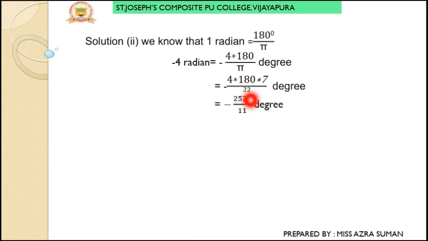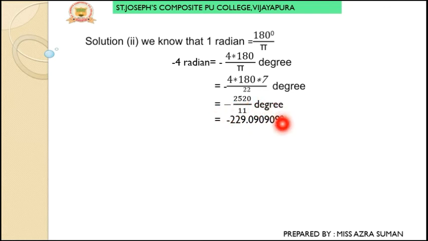On simplifying this, you will get minus 2520 whole divided by 11 degree. On simplifying this, you will get minus 229.090909 degree.